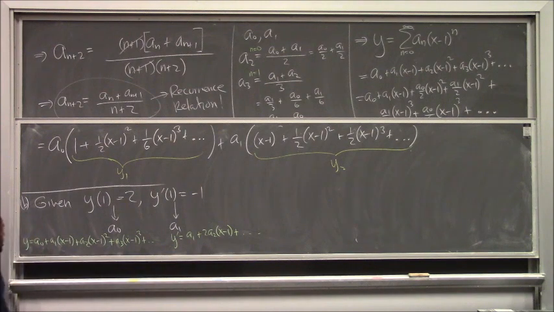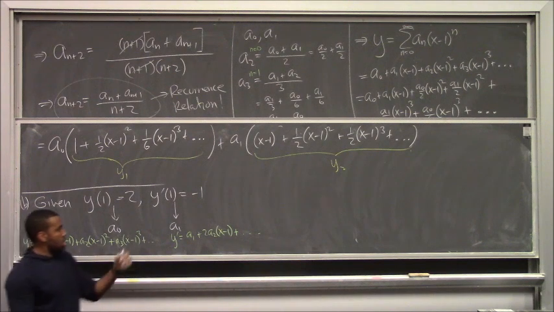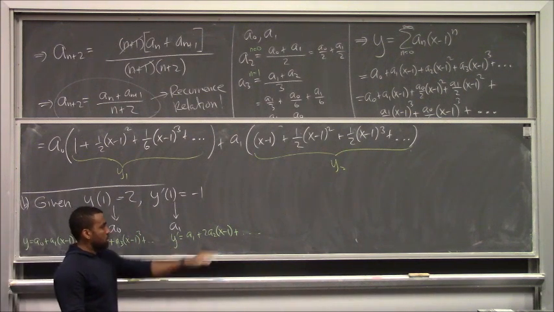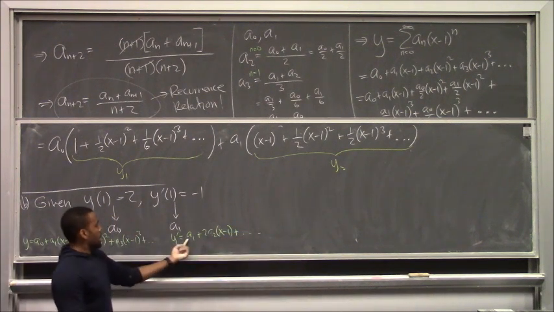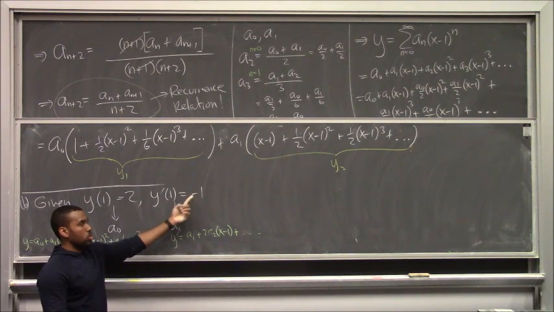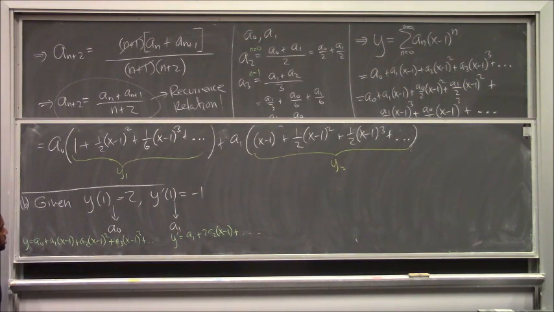If I plug in 1, these will all die. A0 is going to be that number, which they told me was 2. And if I plug in 1 here, these will all die. I'd be left with A1, which they told me is minus 1. So those are actually my initial conditions.